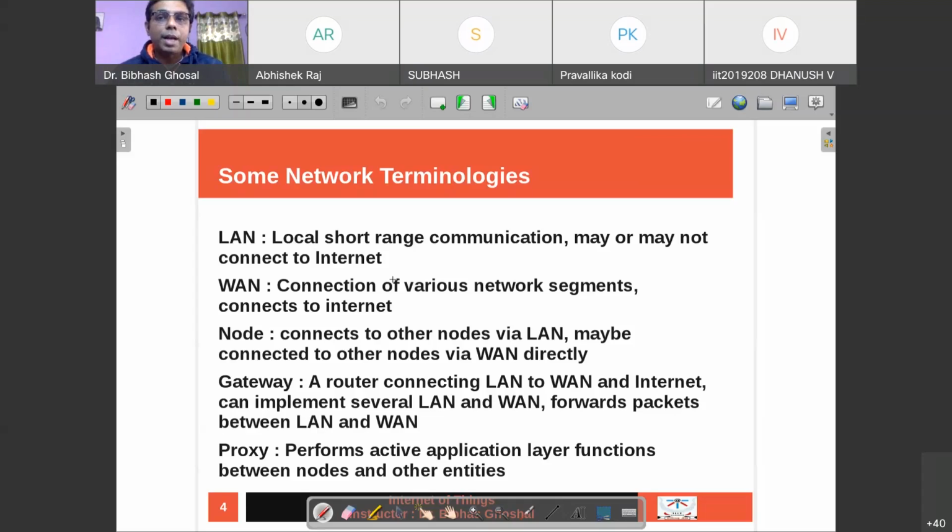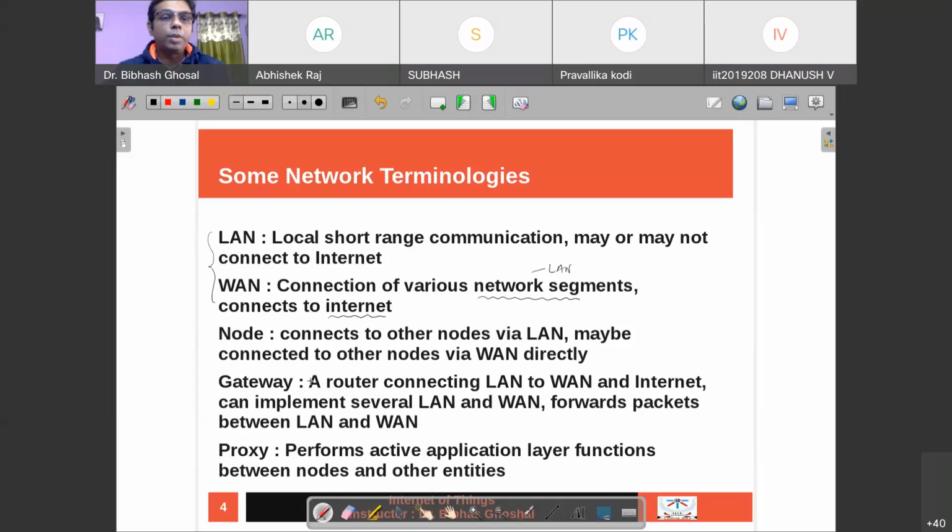And maybe there has to be communication between these sensor networks. That will be through WAN. So that is the reason you can have different network segments, which themselves will be LAN, and then they will be using the internet to connect themselves to form a bigger network of networks called a WAN.